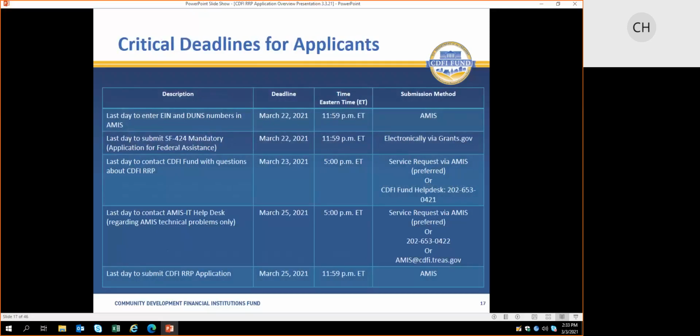The next day, March 23rd at 5 p.m., is the last day to contact the CDFI Fund with questions about the program and the application. And 2 days later, on March 25th, is the last day to contact the AMIS IT help desk at 5 p.m. with any technical AMIS problems. And March 25th at 11:59 p.m. Eastern Time is the last possible moment to submit your CDFI RRP application within AMIS.